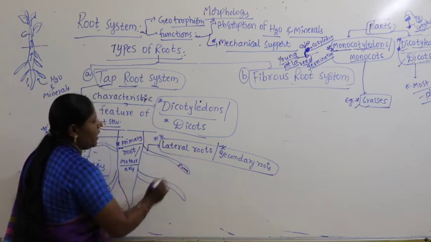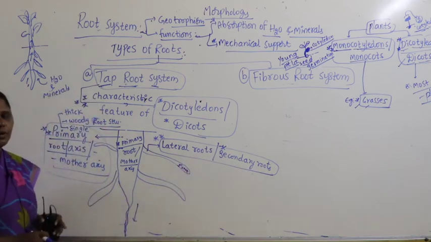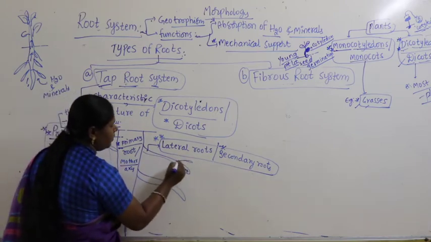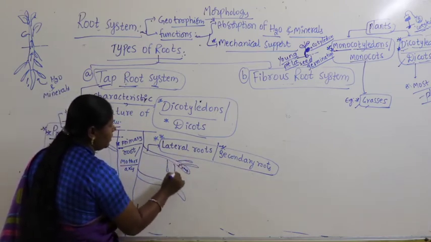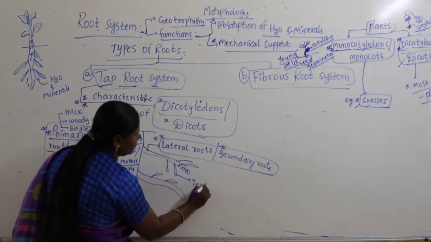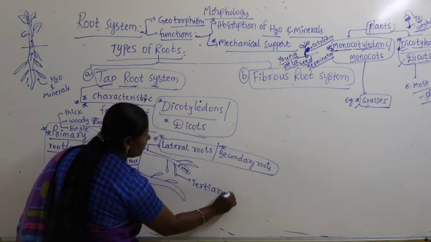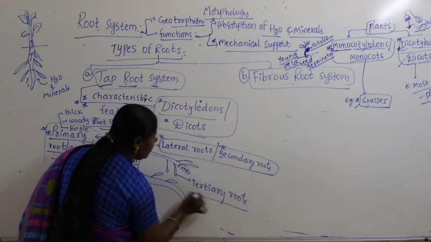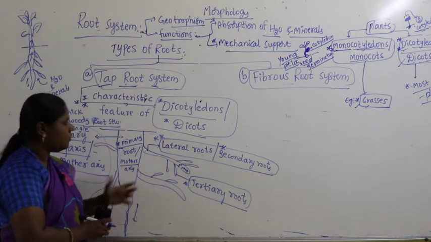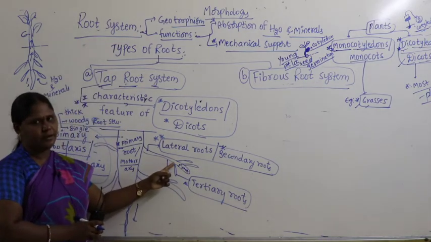Right. Now, from the secondary roots, at the time of maturation and growth, some more roots are produced, and these roots are called tertiary roots. They are much smaller and thinner when compared with the secondary roots.